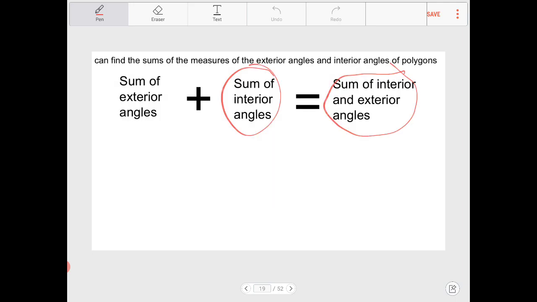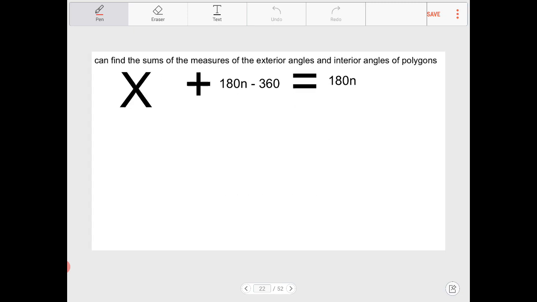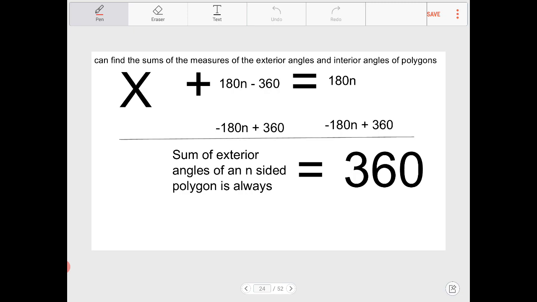So let's just substitute this in. I want to call this unknown x. So x plus 180 times n minus 2 is equal to 180n. If I isolate x, by first distributing the 180 and then subtracting everything that doesn't have an x to the other side, what I will end up with is x equals 360.